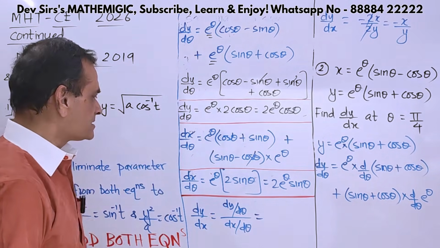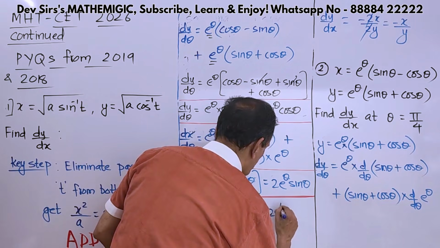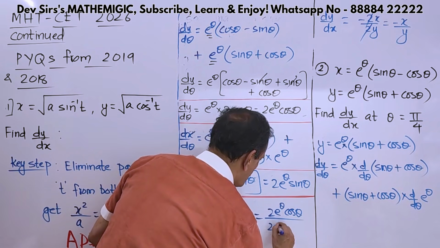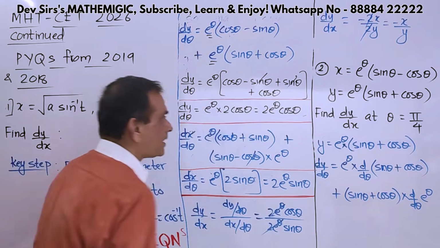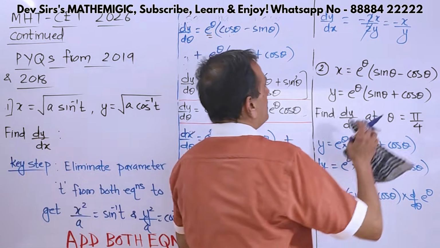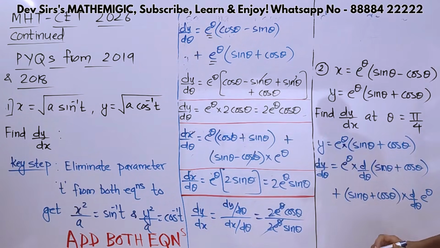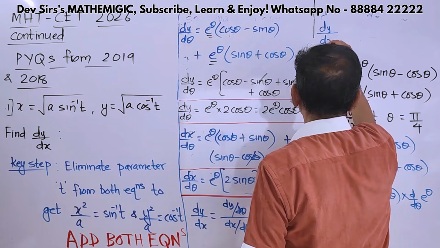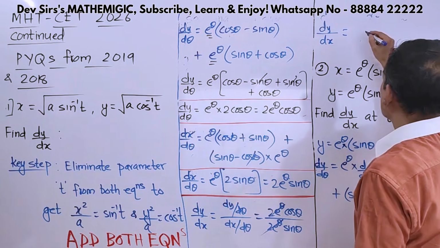Just substitute the answers. dy by d theta, two e raised to theta has got cancelled. So dy by dx is cos theta upon sin theta, cot theta.